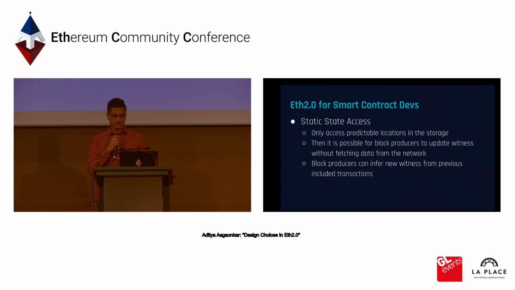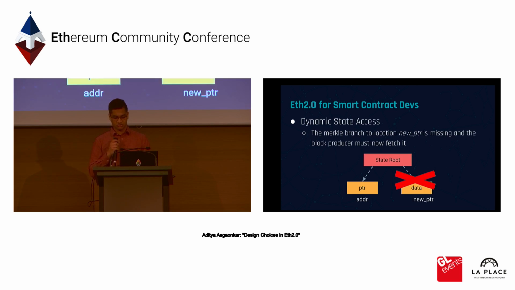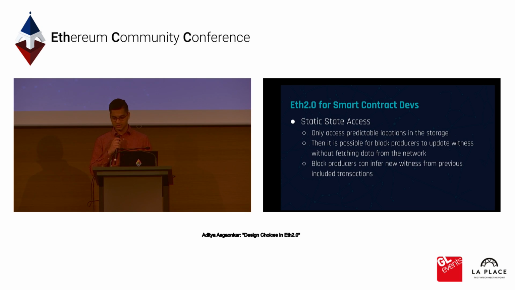What static state access does is let transactions only touch predictable locations in the storage. This means that block producers can easily update witnesses without fetching data from the network. Ideally, block producers infer this new witness branch from previous transactions that they have seen.